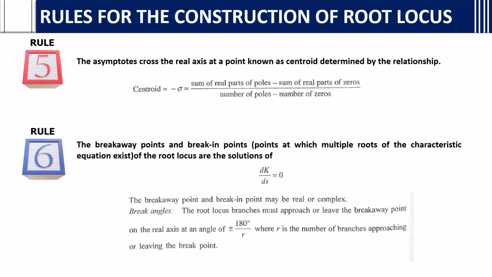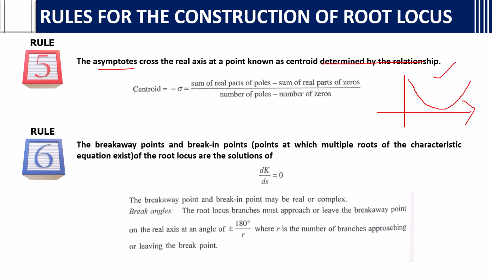Fifth rule. The asymptotes cross the real axis at a point known as the centroid, determined by the relationship. Usually, what are asymptotes? If there is a plane like this, for a curve, it doesn't touch, but it goes to infinity.